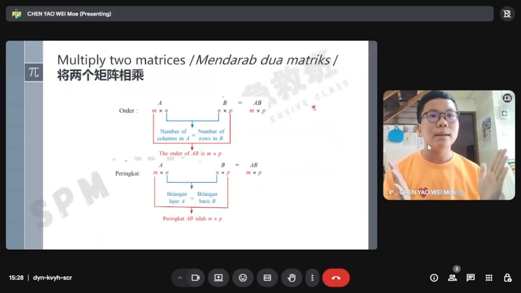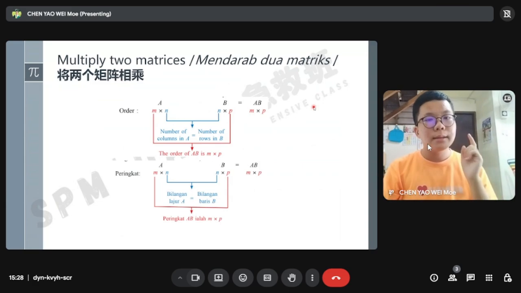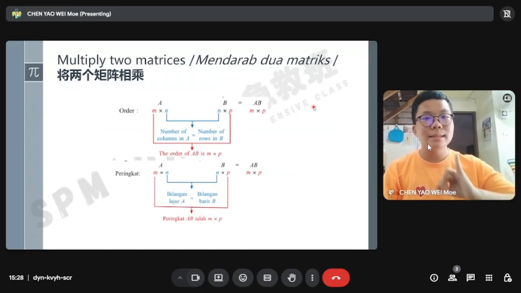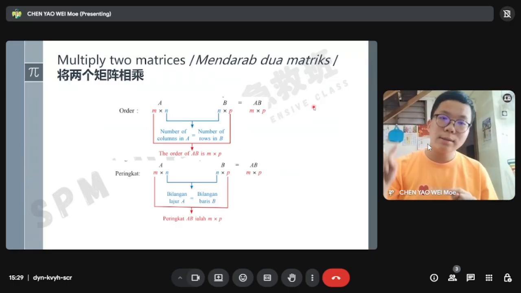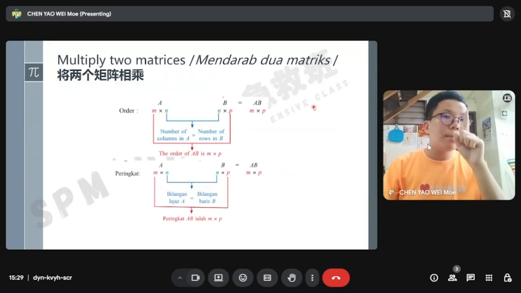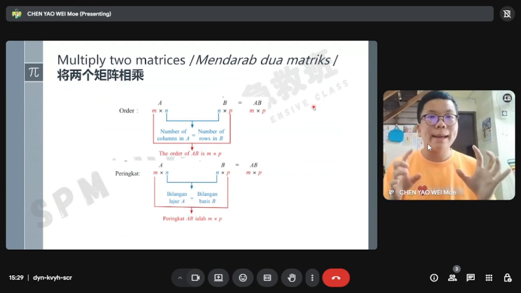This one came from the textbook, but I think you don't understand it. If the last number of the first matrix's order is the same as the first number of the second matrix's order, for example 2 by 3 and 3 by 2, the behind and the front are the same, here 3 and here also 3. So I can say the final answer we get is 2 by 2.